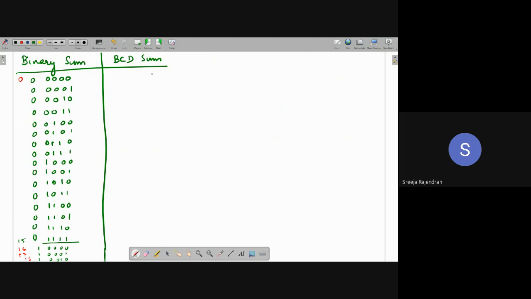Now, similarly, we will write with 5 bits, we are going to write the BCD sum also.